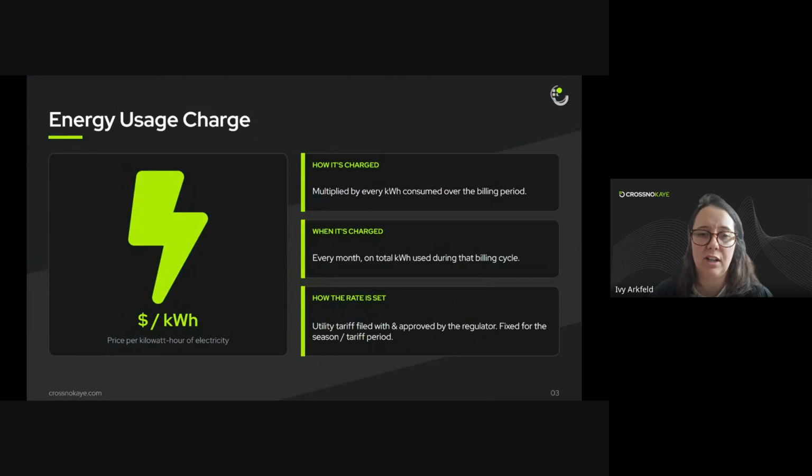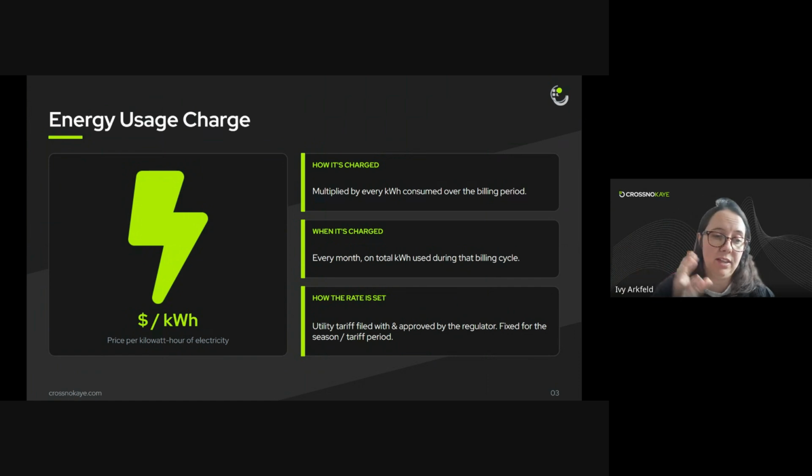All right, I'm now going to talk about the different types of charges that you have at your facility. So first off, energy usage charge. This should be very familiar to you guys. It's basically your kilowatt hour consumed over a billing period. So let's say that your utility does a straight first of the month, end of the month. How much kilowatt hour did you consume during that time period?